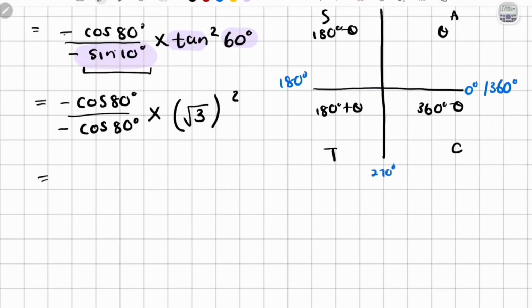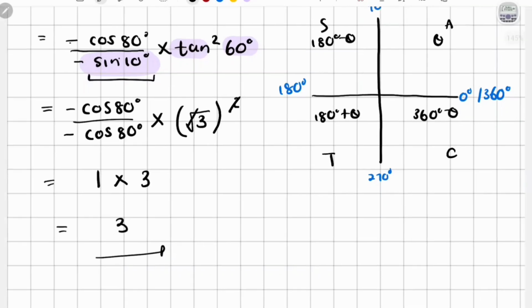And then these two divide and give you 1, because it's the same thing divided by the same thing. Multiply by this squared, you see that the radical will cancel because they're the inverse of each other, and that is just going to be a 3. So 1 times 3 is 3, and that's our answer.